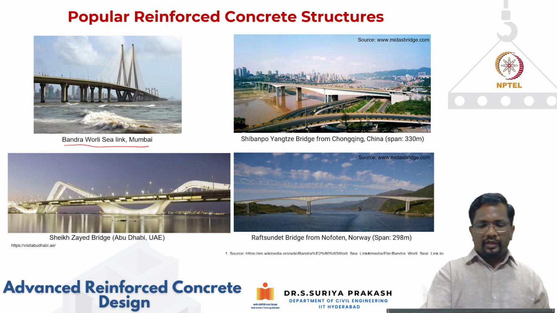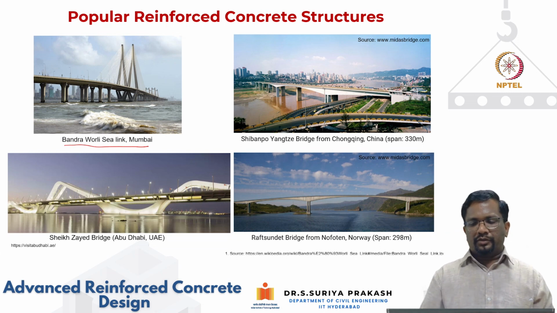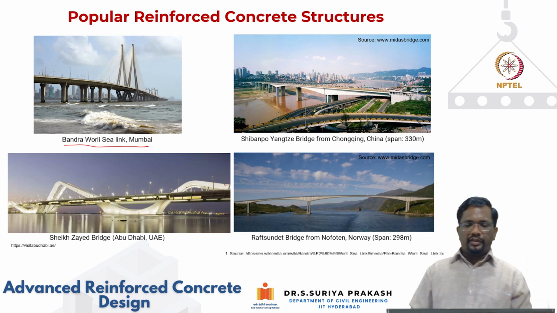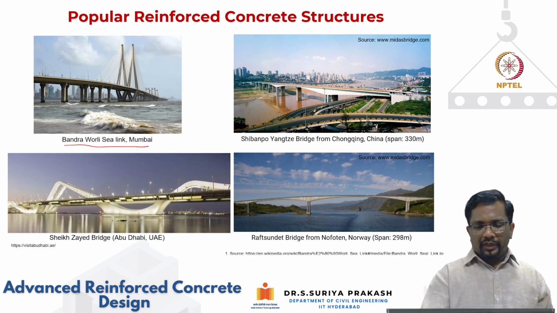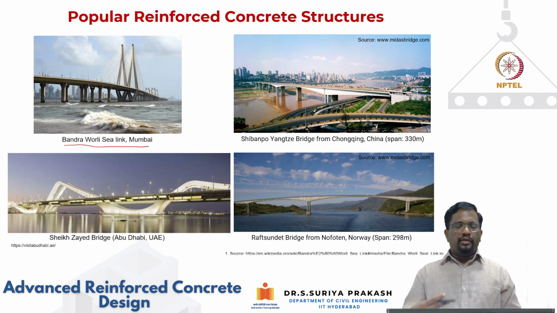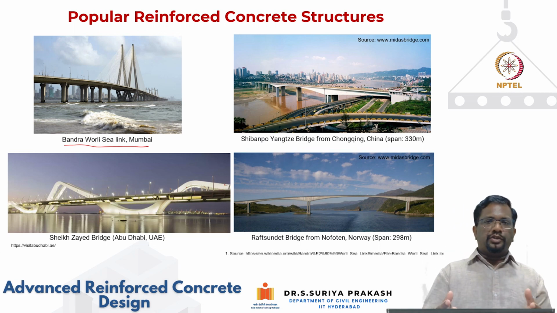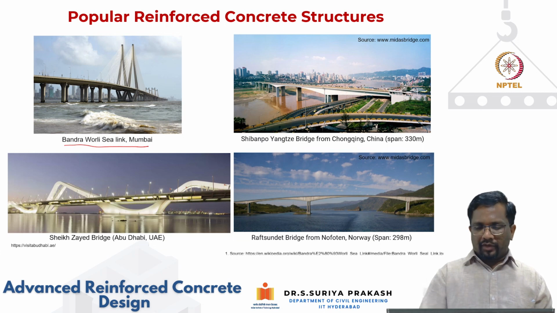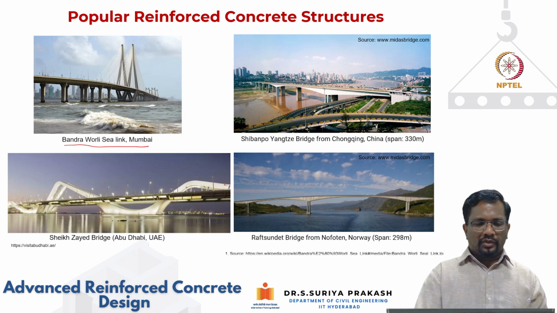It looks very elegant, and it is constructed using the balanced cantilever construction method. Compared to the span, the thickness of these segments is very small in the middle. Basically, you can see the variety of shapes that you can make using concrete. The moment you create a formwork, or use precast systems, you can create this kind of iconic structure if you use concrete as the construction material.